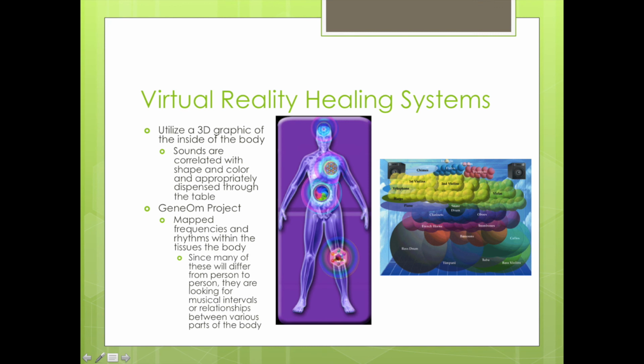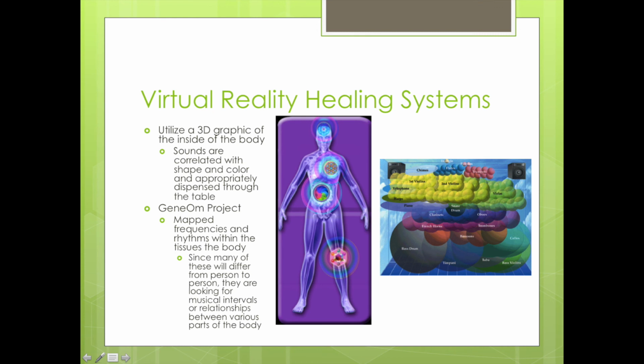They also have a project at this institute called the Genome Project, and the goal is to map frequencies and rhythms within the tissues of the body. And since many of these will differ from person to person, they are looking for musical intervals or relationships between various parts of the body.